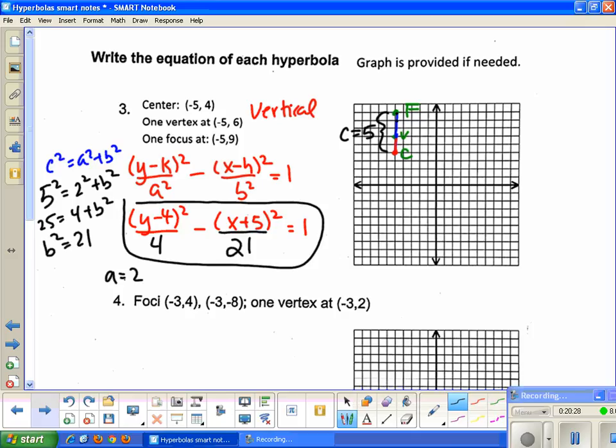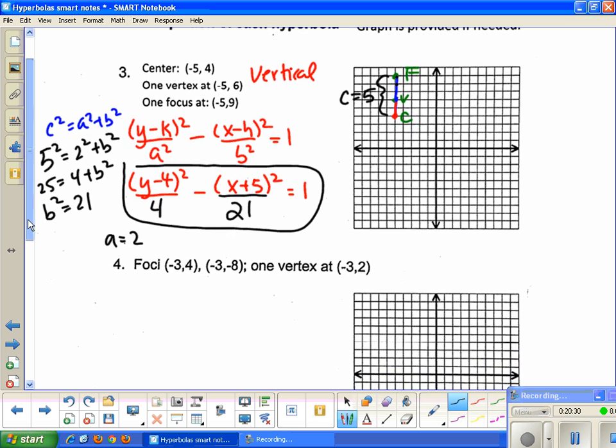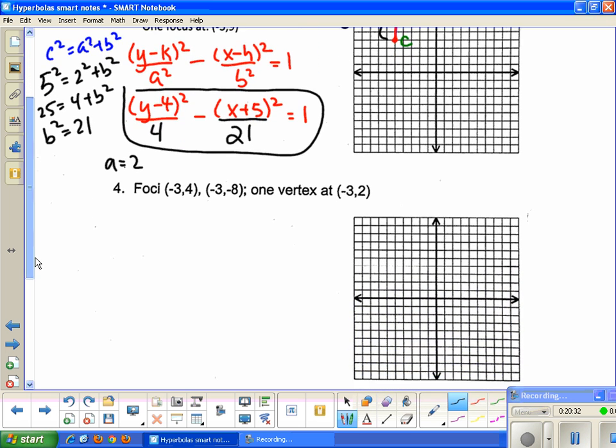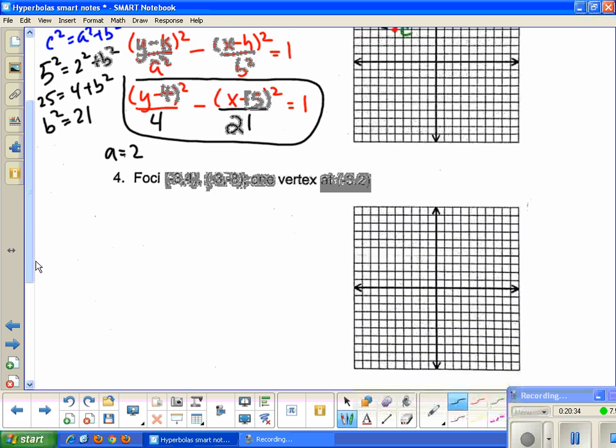So let's go ahead and do the next one. And if I didn't draw a picture for that, I probably wouldn't be able to visualize it as well. Number 4. So for number 4, we have the focal points which are at -3, 4 and -3, -8.